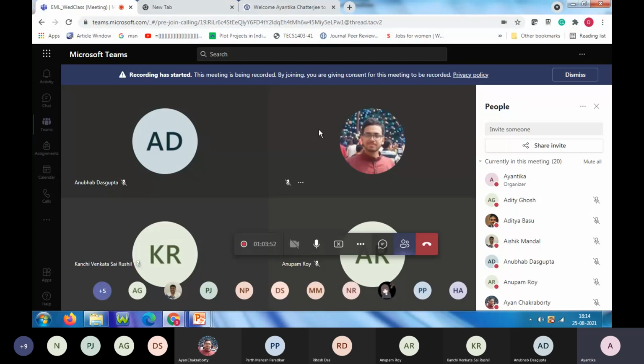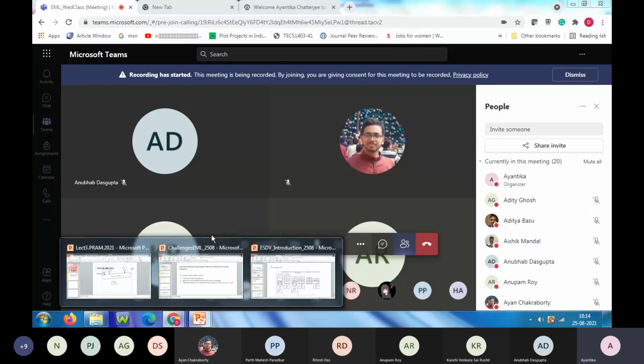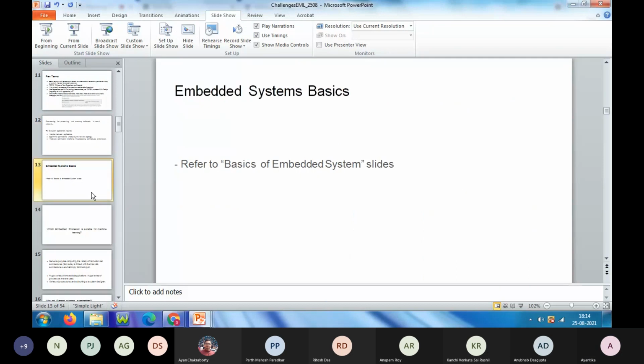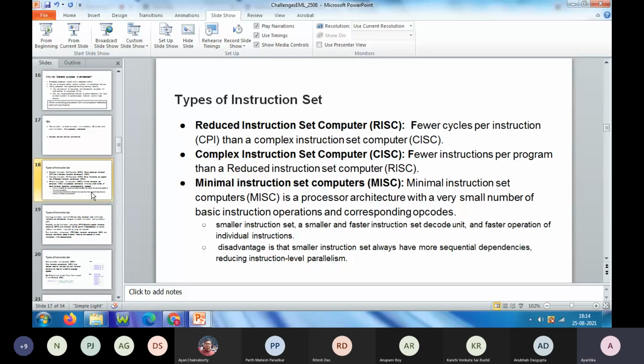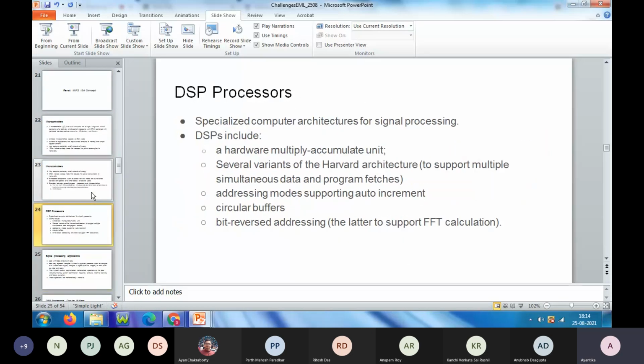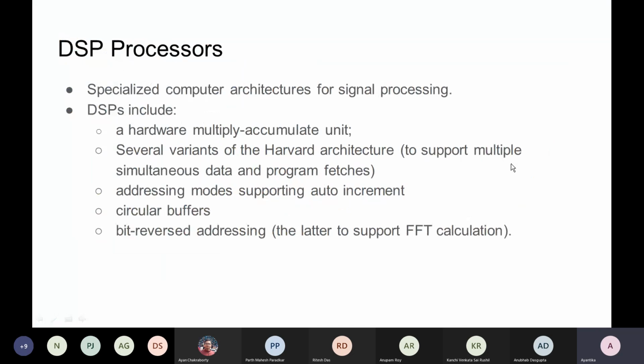Today we do not have much time, but next day we will start from here, talking about what type of processors are useful in a machine learning scenario. We will talk about DSP processors, digital signal processing related processors.